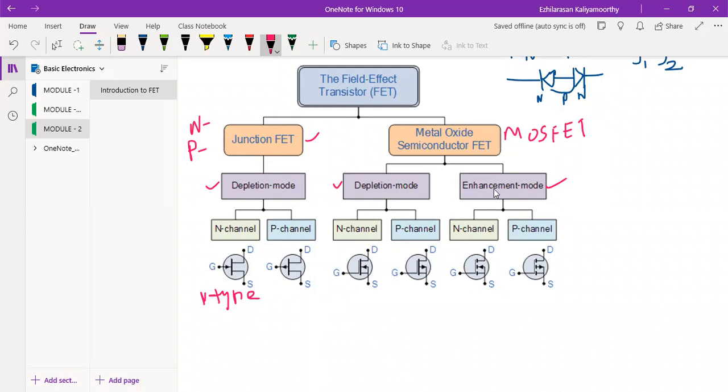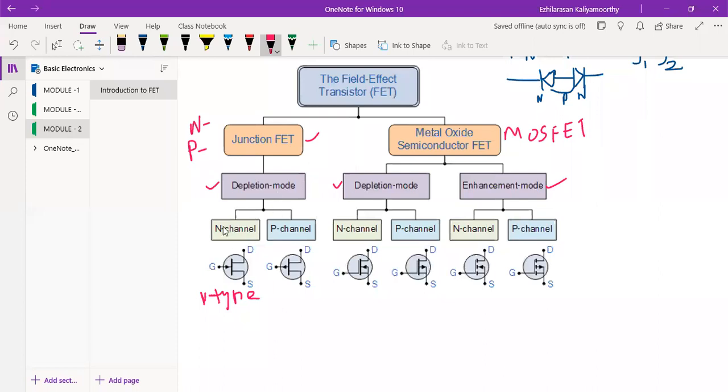For the enhancement mode, N type enhancement mode MOSFET and P type enhancement mode MOSFET. So we have different types of FETs available like this. The entire class we are going to discuss only this. Now let us start with the JFET.